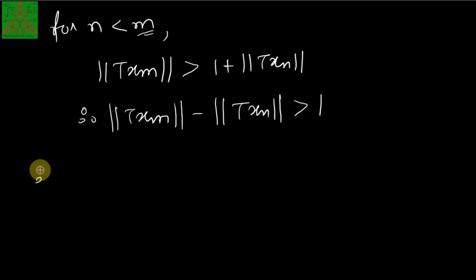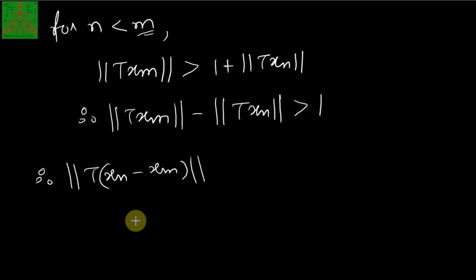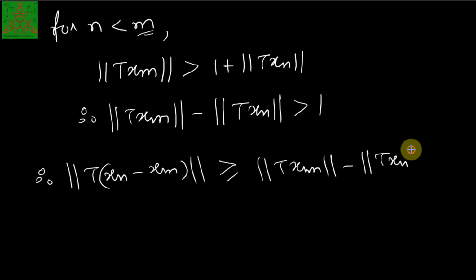But this suggests that norm of T(xn minus xm) is the same as norm of T xn minus T xm, because T is linear, and that quantity is greater than or equal to norm of T xm minus norm of T xn, which is greater than 1. So what does that suggest? That this sequence T of xn is not a Cauchy sequence.